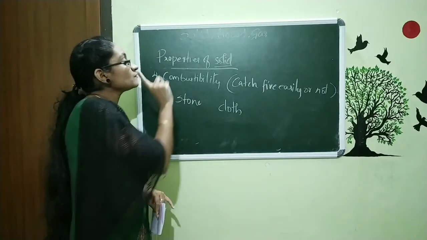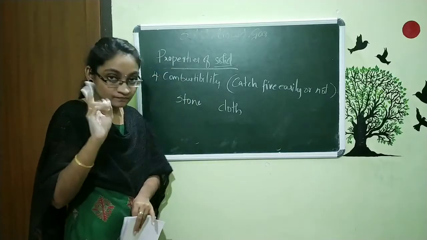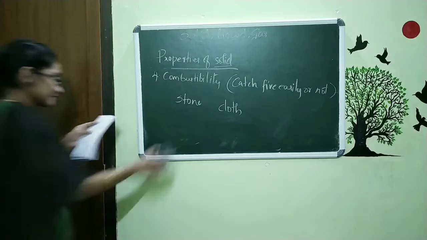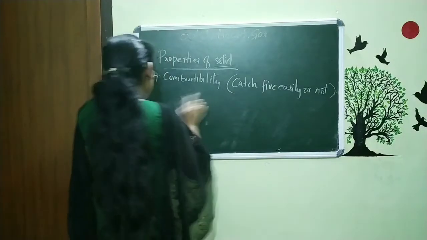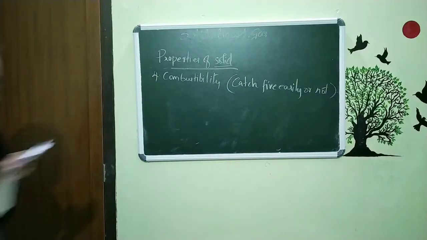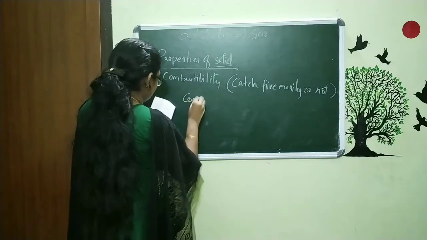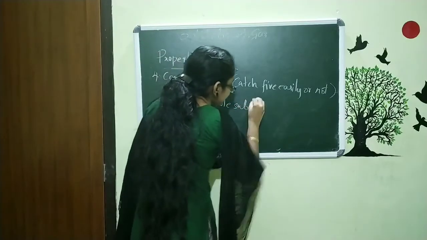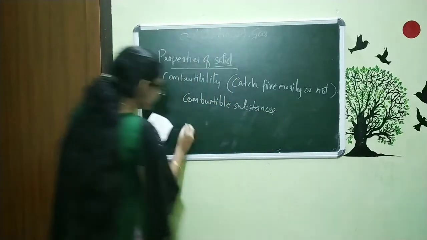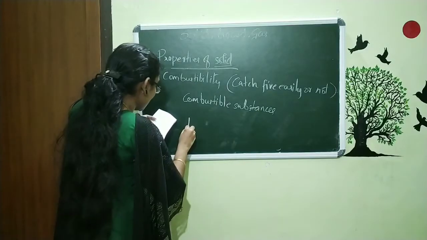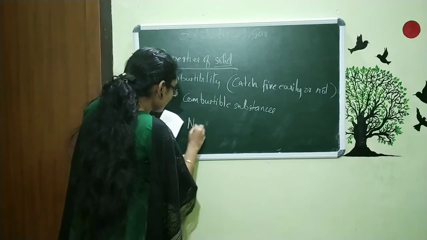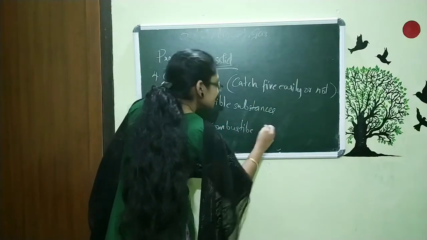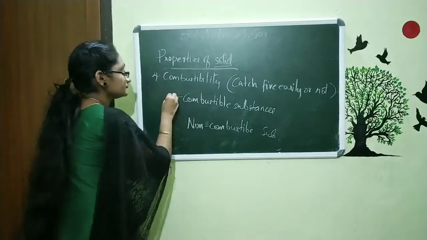So for the solids, when comparing combustibility, there are two types: combustible substances and non-combustible substances.